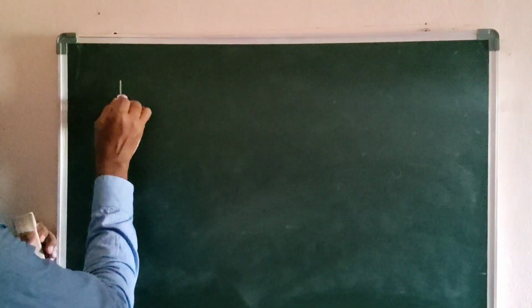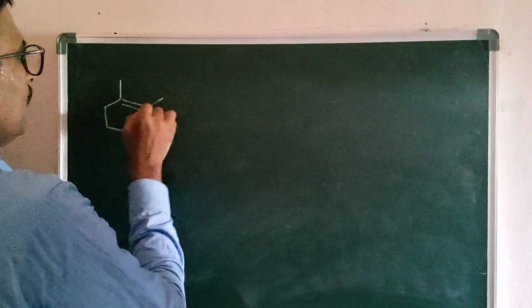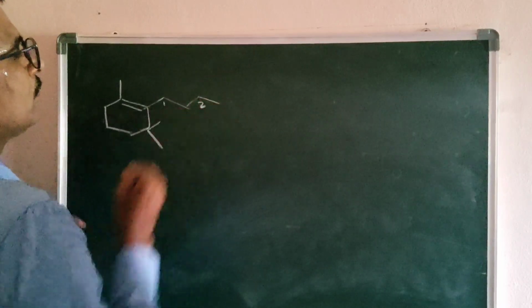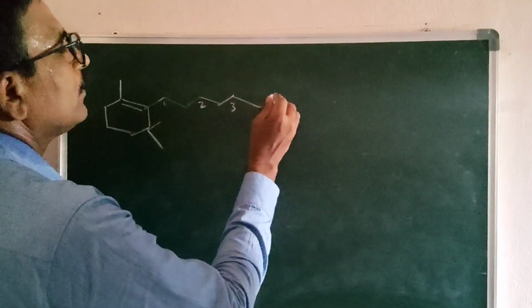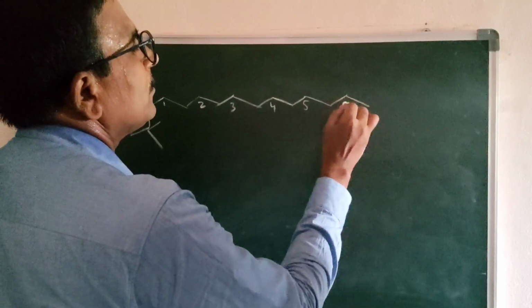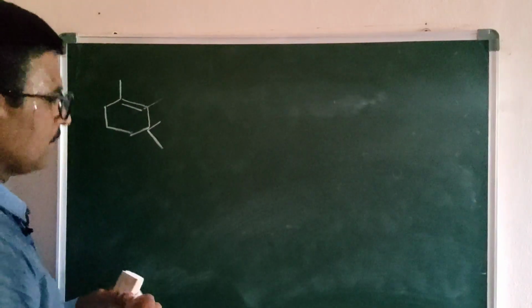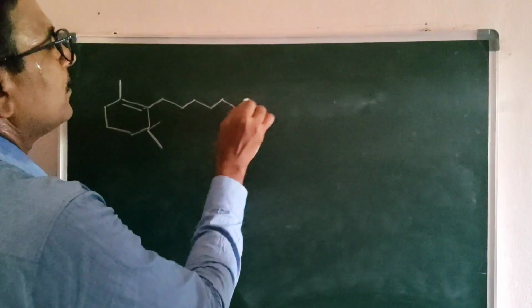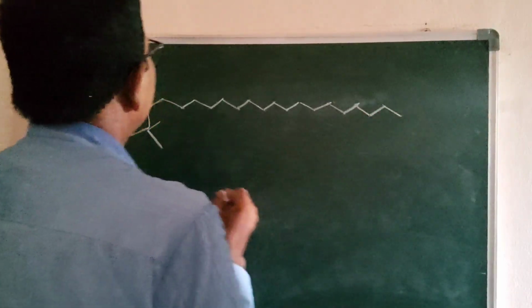Beta carotene. One, two, 3, 4, 5, 6. Now one, 2, 3, 4, 5, 6, 7, 8 and 9.